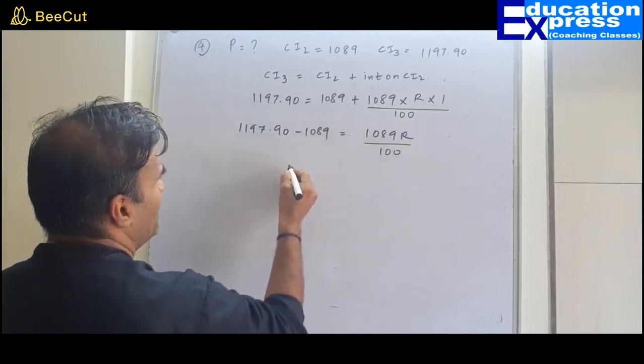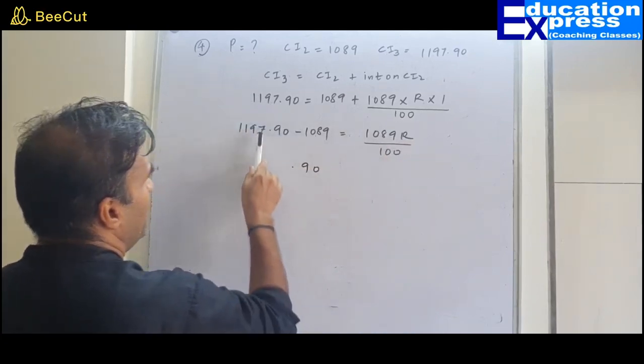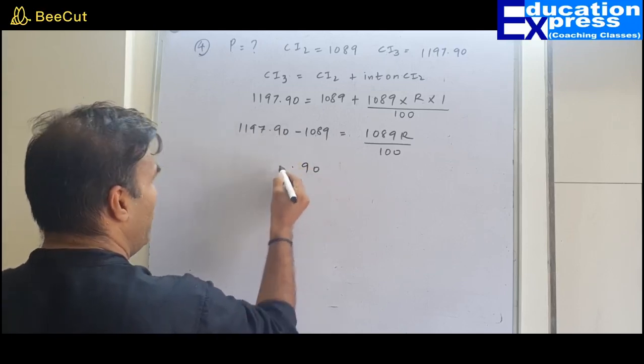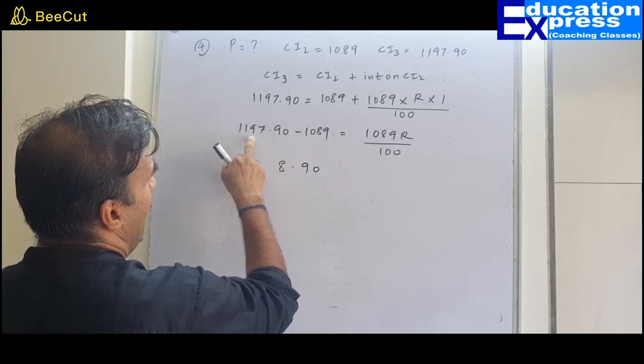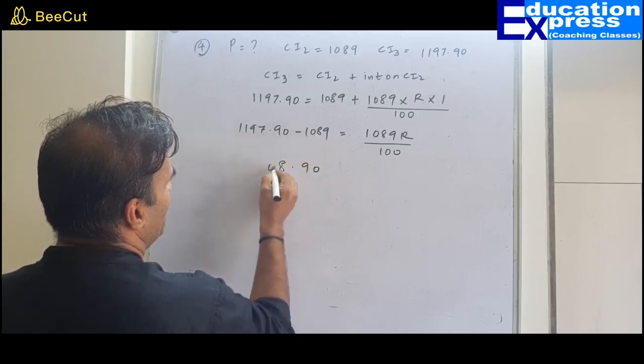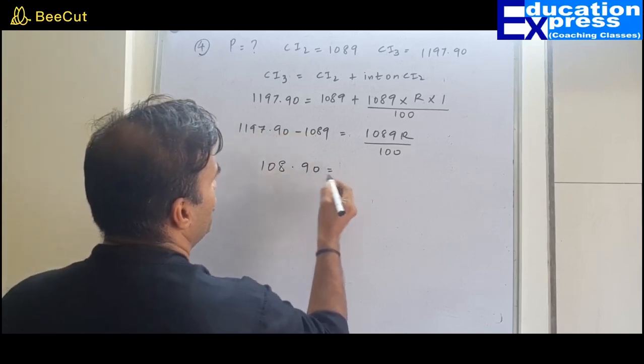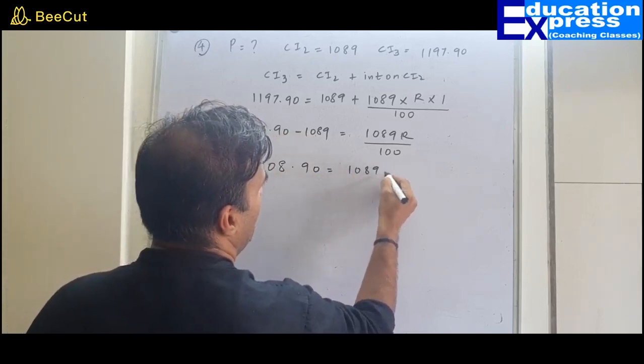Can we subtract this? Of course. 0.90, 7 minus 9, 17 minus 9 will give you 8. 9 becomes 8, 8 minus 8 is 0. 11 minus 10 is 1, equals 1089 R.